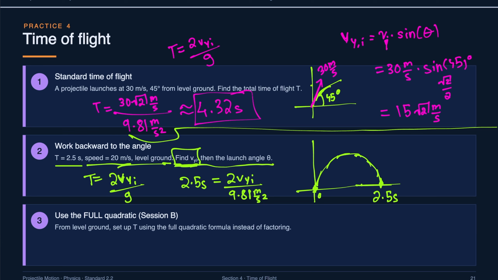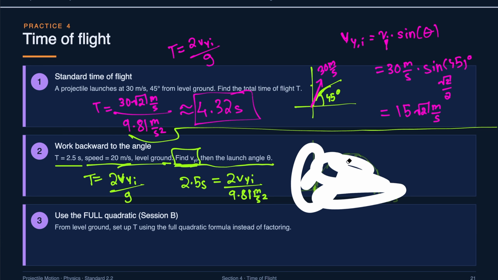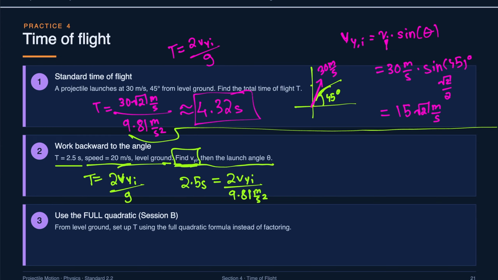So I try to find this, right? What am I going to do? First, let me get some more real estate. I multiply this by 9.81, 9.81 times 2.5. Then I divide that by 2. So vy initial is approximately 12.2625 meters per second.